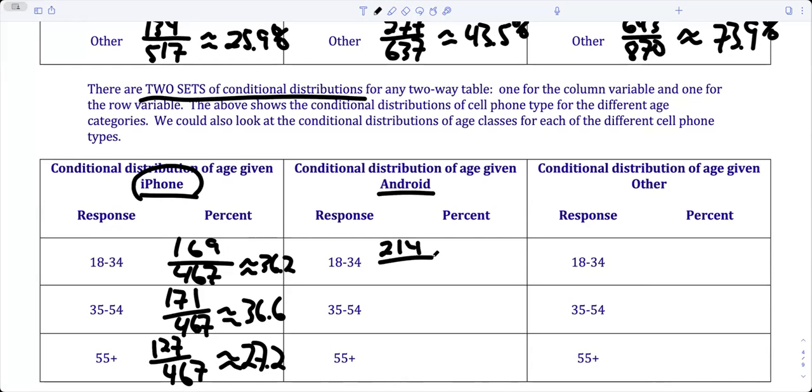And the total number of Android users was, let me look back, 503. So that is approximately 42.5%. Go ahead and finish the table for me. If you have not, do that for me.